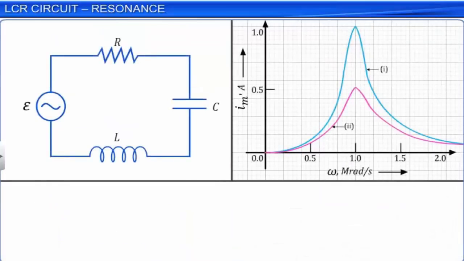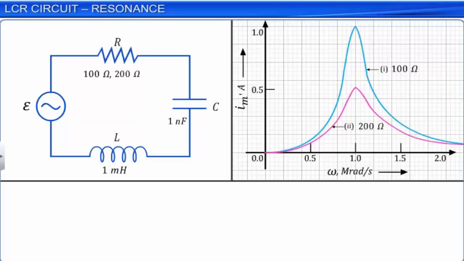Here is a sample graph for the amplitude of current Im versus angular frequency omega, plotted for the values L is equal to 1 millihenry, C is equal to 1 nanofarad of an LCR circuit with two different values of resistance R. The first plot is for the value R equal to 100 ohm, and the second one for R equal to 200 ohm.